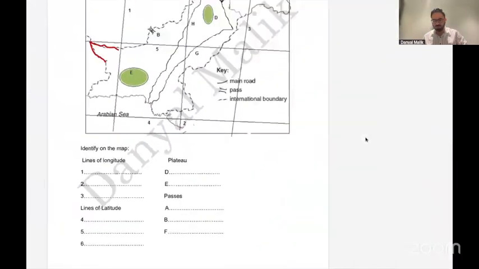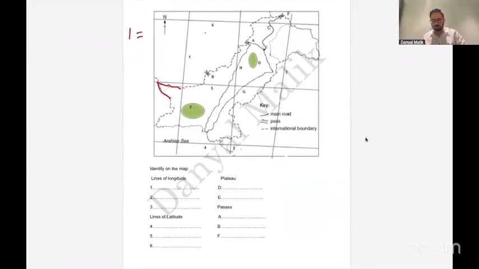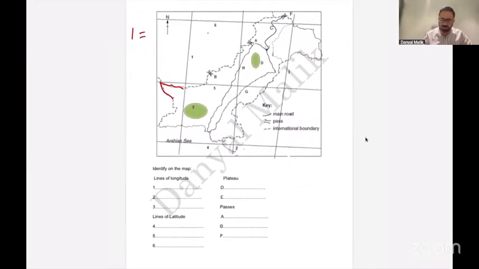You have to identify them, and let me know once you're done.